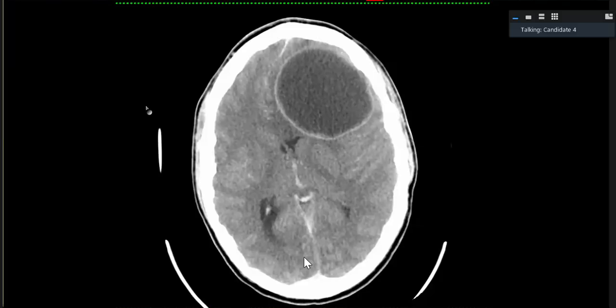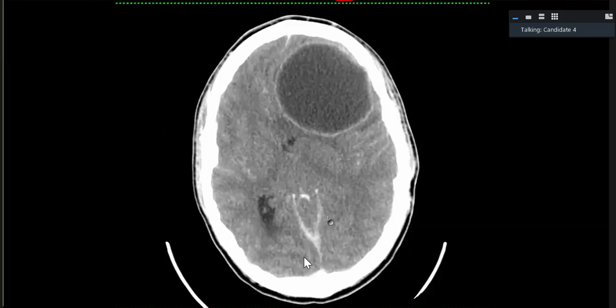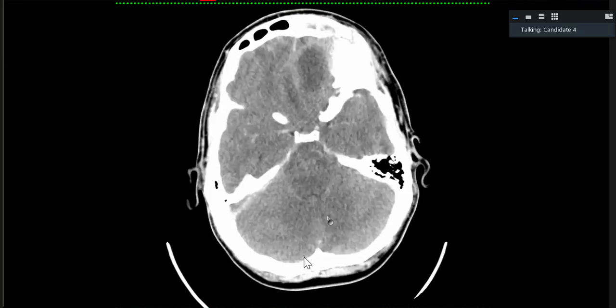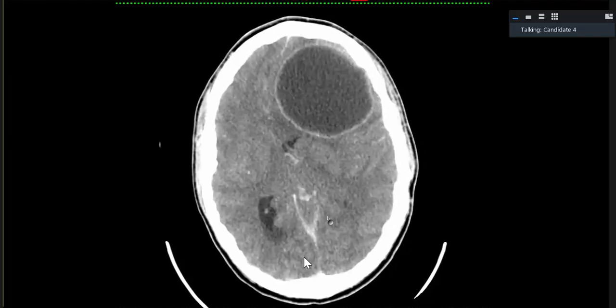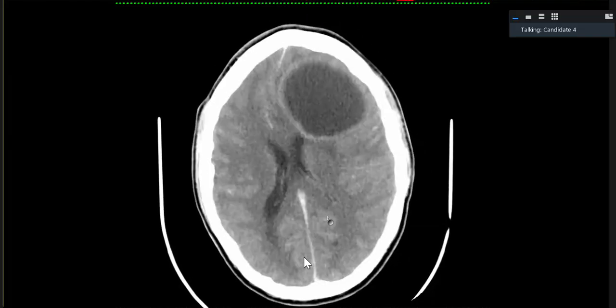Okay, the post-contrast images show peripheral post-contrast enhancement. Images are not scrolling, I ask the control again. So it shows peripheral post-contrast enhancement. Now, I am concerned about an abscess in this case.